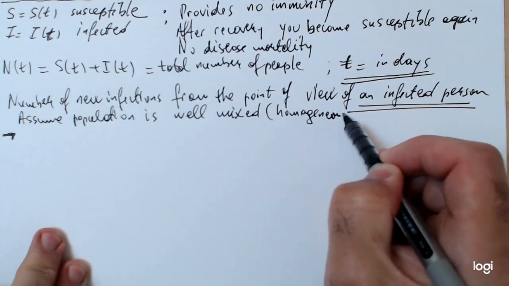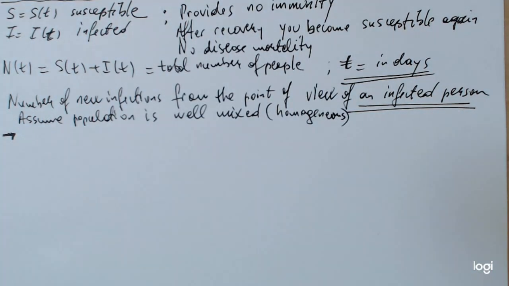Basically, you imagine that the population is so close together and moves in such a way that there's an equal probability of meeting any person in the population. Whether that's realistic or not depends on the context. For example, a close-knit community like a campus, where a group of people are so close together that they interact with pretty much anyone else, so there is an equal probability of meeting any person in the population.